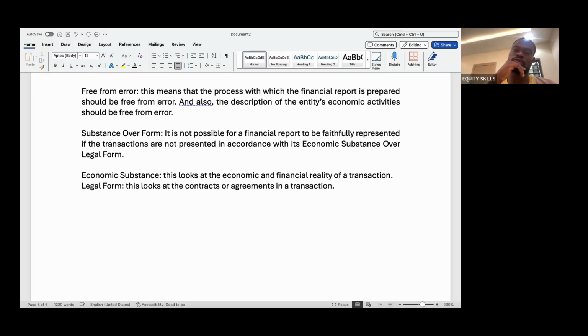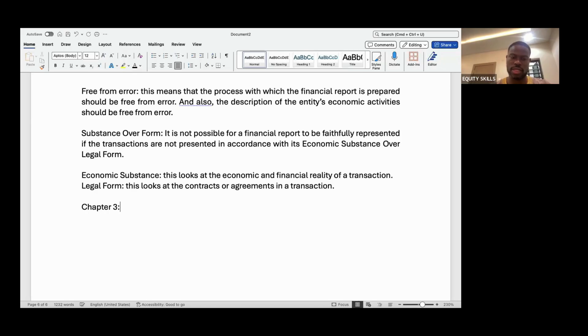That's what legal form looks at. And we rely on economic substance.